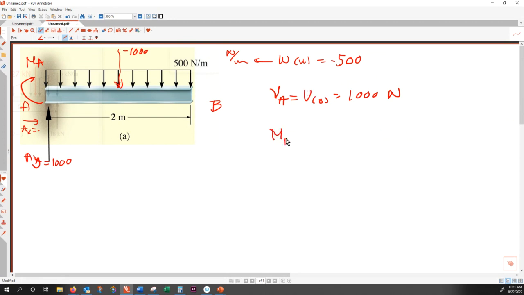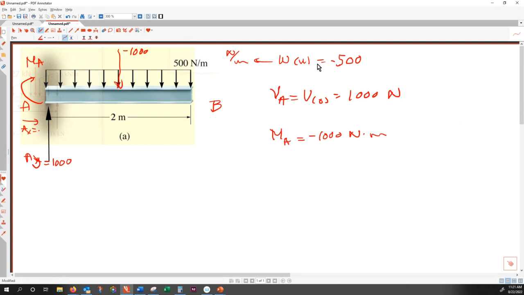M of A is 1000. Is this positive or is this negative? That is negative, right? So that is minus 1000 Newton meter.